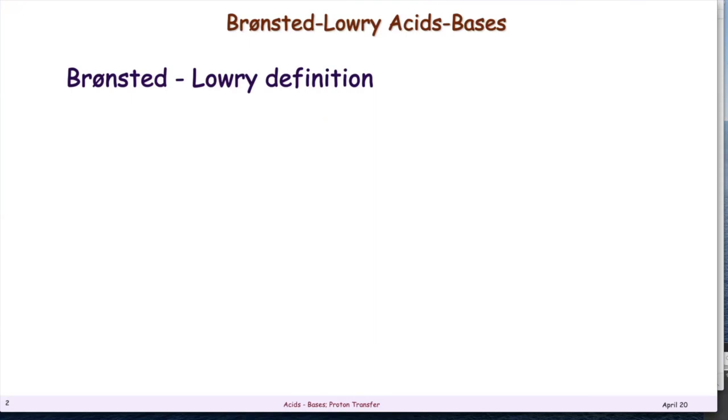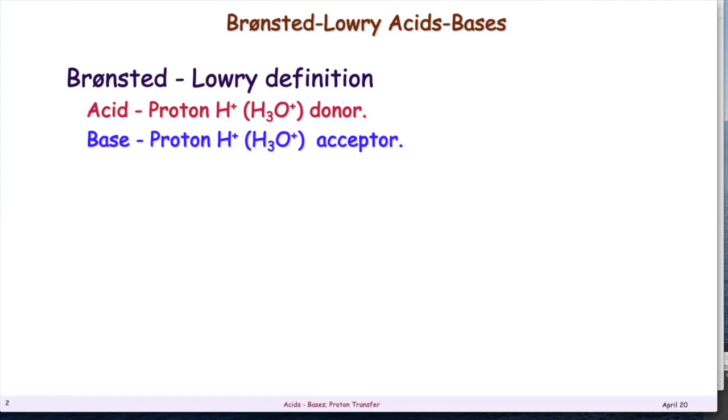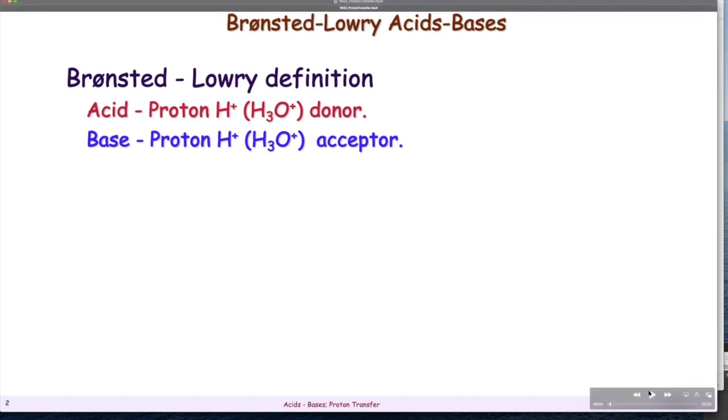The definition of an acid and base is based on Bronsted-Lowry, and acids are proton donors. Protons, you recall, are nothing more than hydrogens stripped of their electrons. Bases, on the other hand, are proton acceptors. That is, they accept the proton.